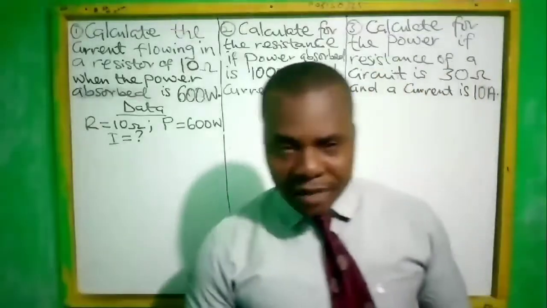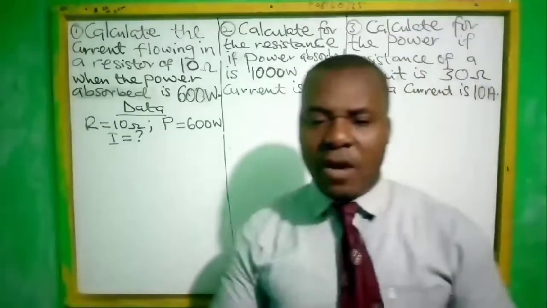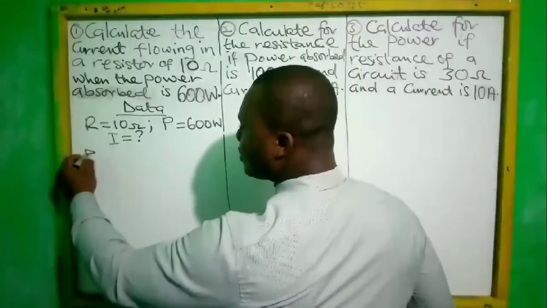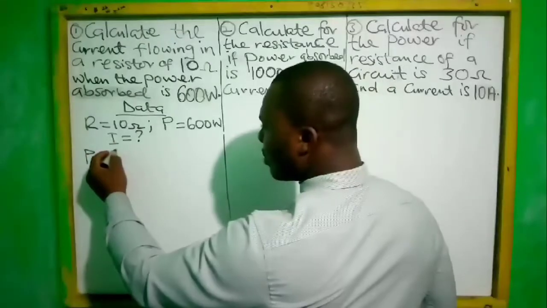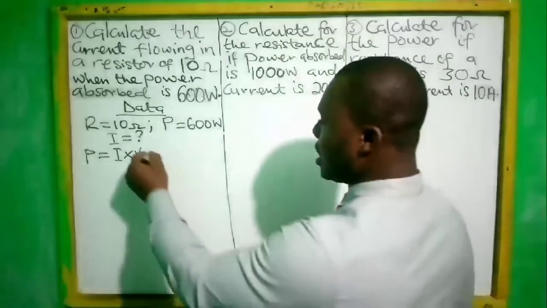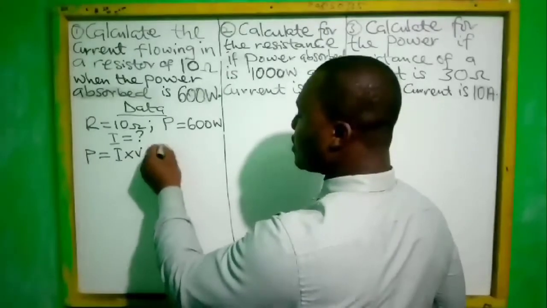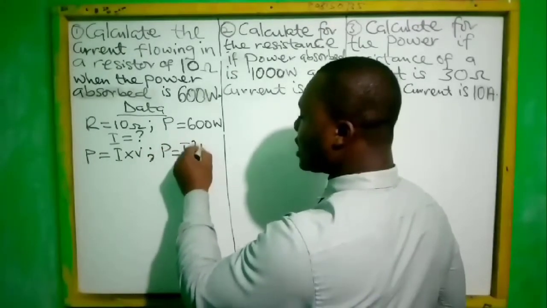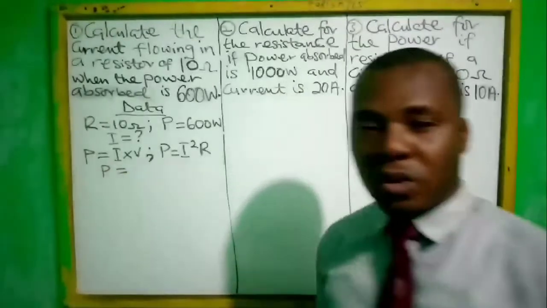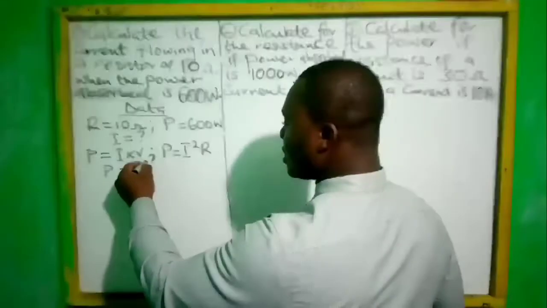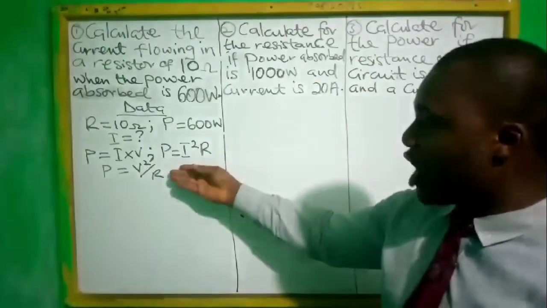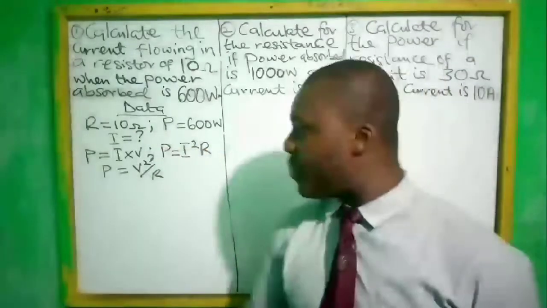All right. When it comes to power, we have three formulas that we use to calculate for power. So we have power is equal to current times voltage. That is one formula. And we have another one as power is equal to current squared times R. And we have another formula, power is equal to V squared over R. Anytime the question is given, check and see which one is the best.